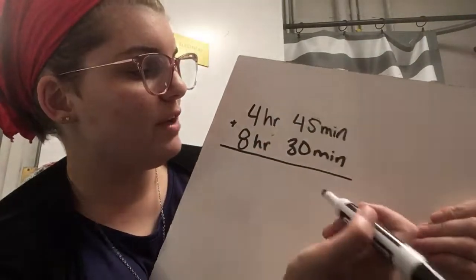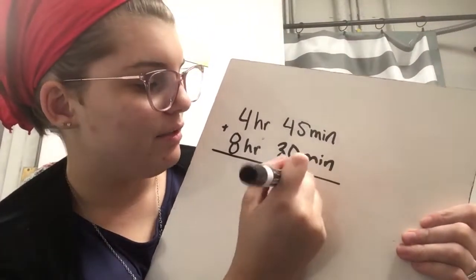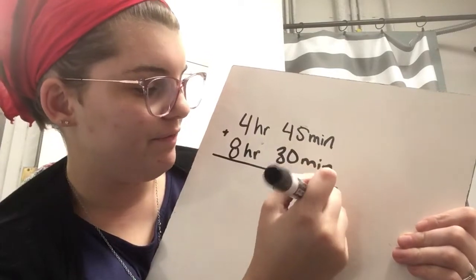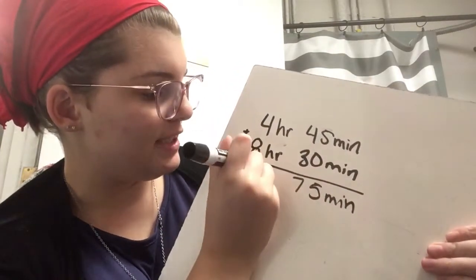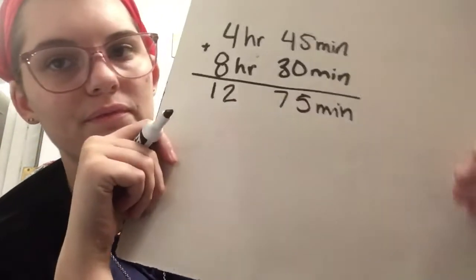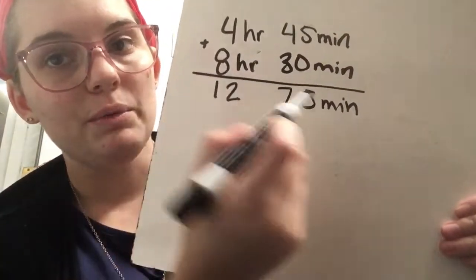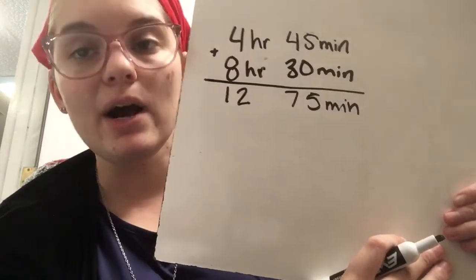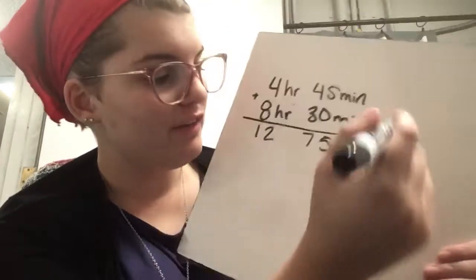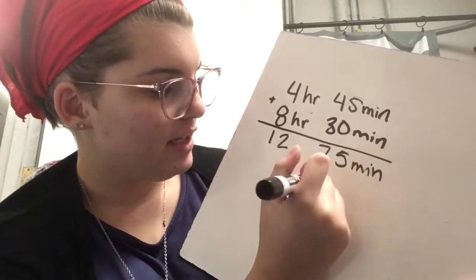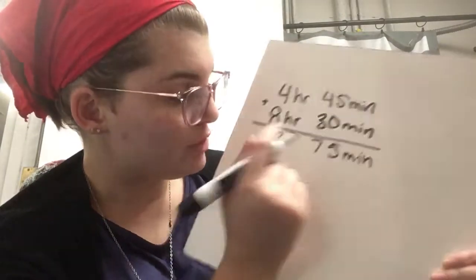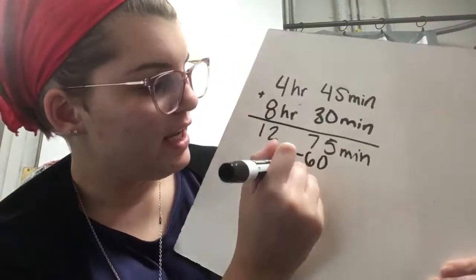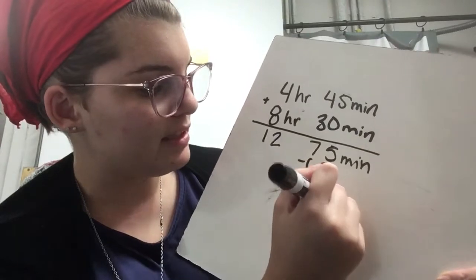So we're going to do 45 plus 30, which gives us 75. And 4 plus 8 is 12. Now, we can't leave that like it is. But here's what we know. We know that 1 hour is 60 minutes. So if I subtract 60 from this, it comes out to be 15 minutes.